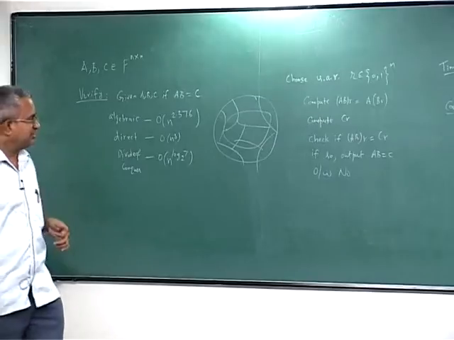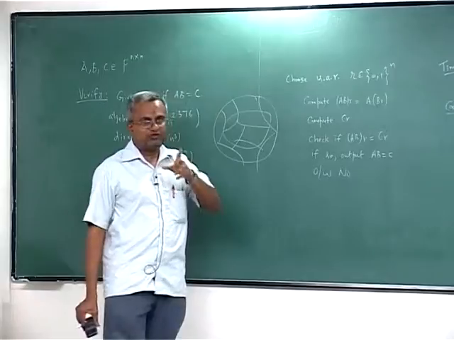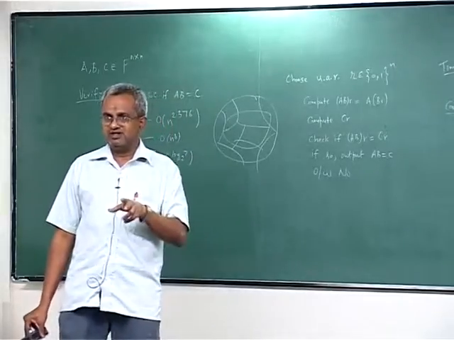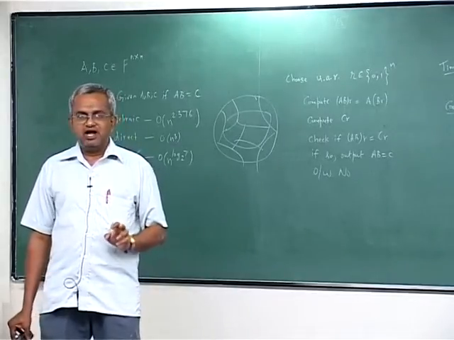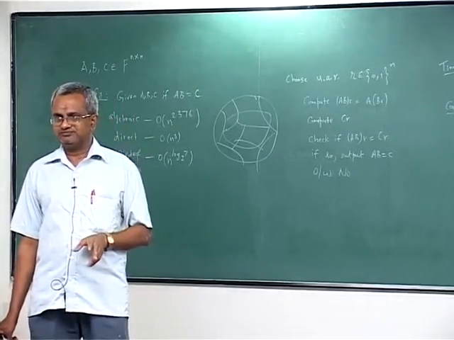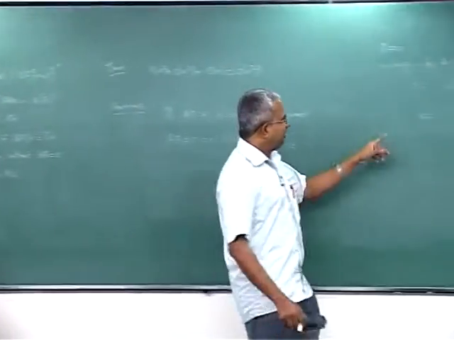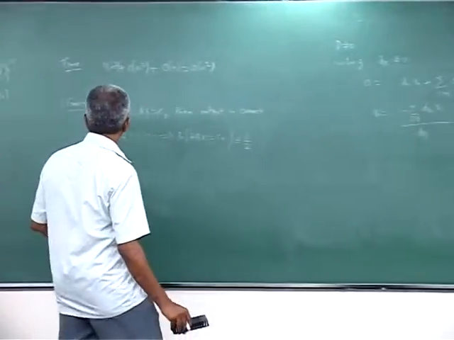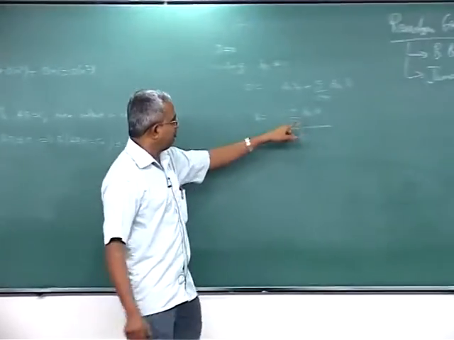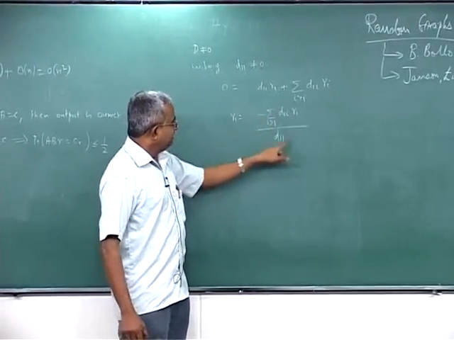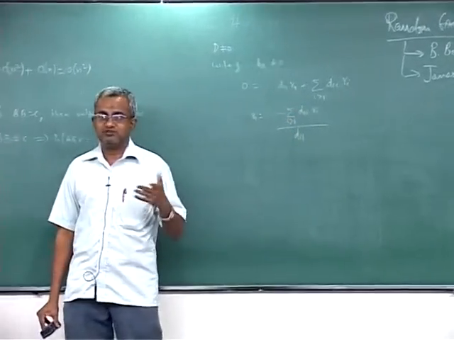In each of these subspaces there are only 2 vectors, decided by the values of R1, R1 equals 0 and R1 equals 1, and each of them occurs with equal probability. Now, what is the probability that R1 equals this? R1 is always chosen to be either 0 or 1, but for some specific values of R2 through Rn, it may happen that this does not evaluate to 0 or 1, but to something else.